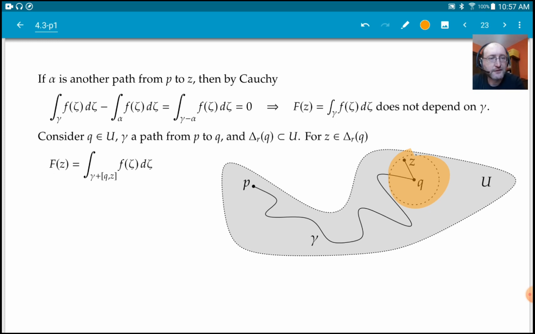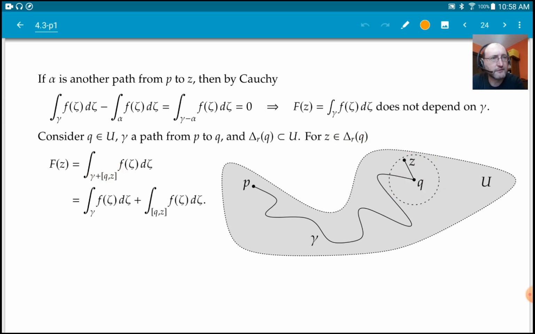And so for any z in the disk, because F is independent of the path that we took, we could take the path from P to z to be gamma plus the straight line interval from q to z, right? And so that's giving us our F.